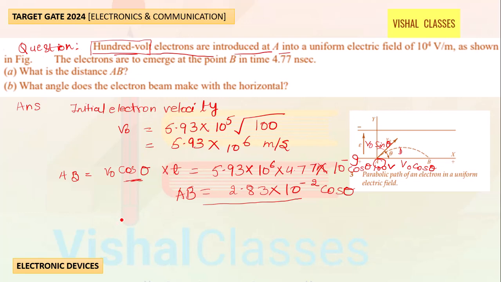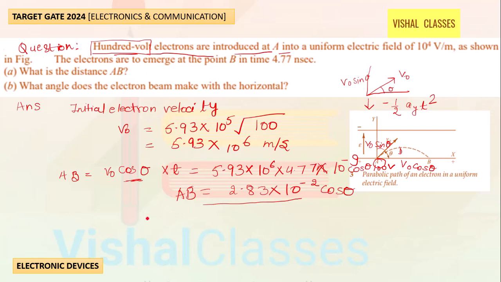Next it is asking about the angle. This is v naught, this is theta, this is v naught sin theta. As you have studied in 11th or 12th class, when the electron moves from point A to B, this component will also work, with gravity, half a t square.